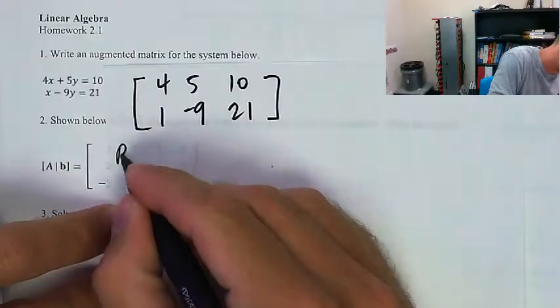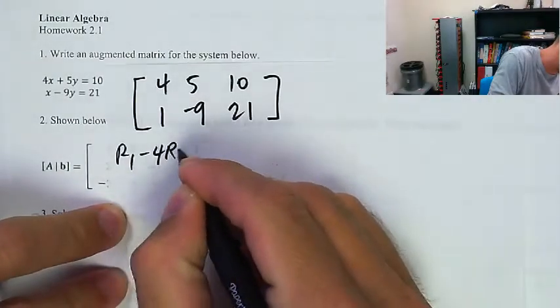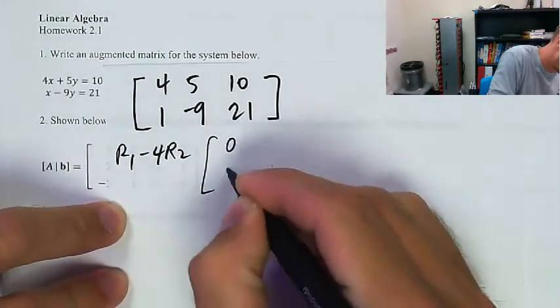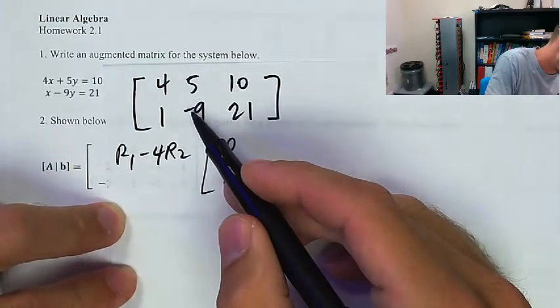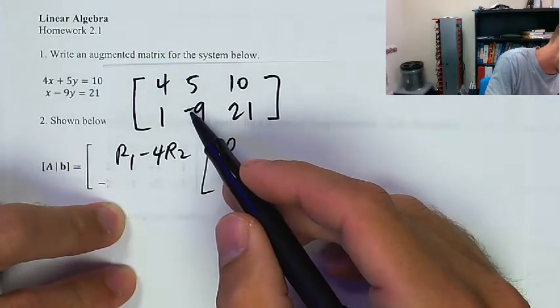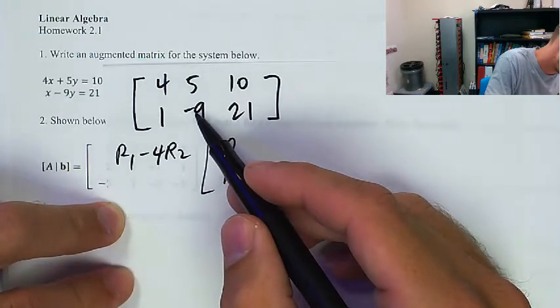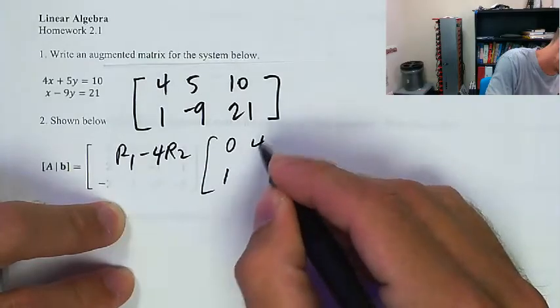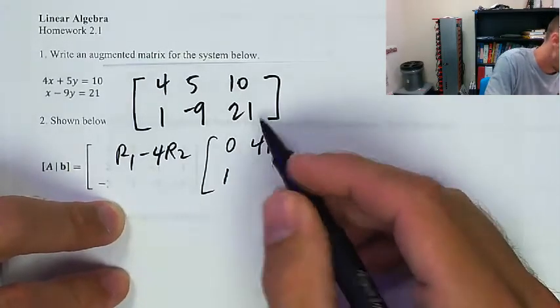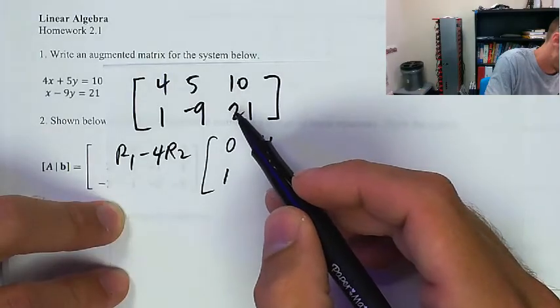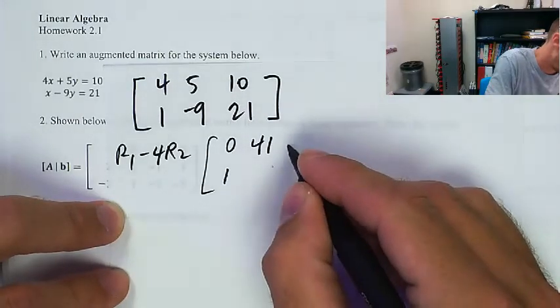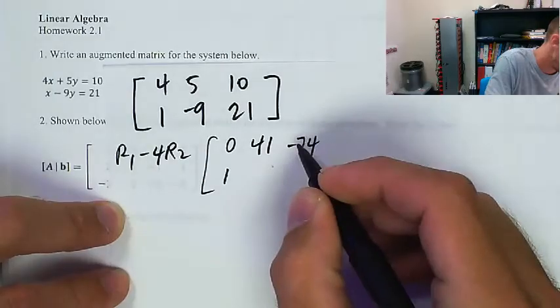So I'm going to take row 1 and subtract 4 of row 2, and I'll have 0, 1. 5 minus negative 36 is going to be 41. Okay. 10 minus 84 is going to, it feels like, negative 74.